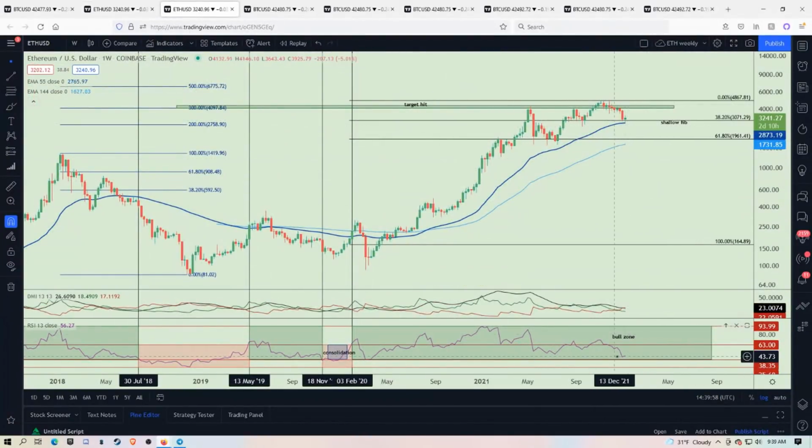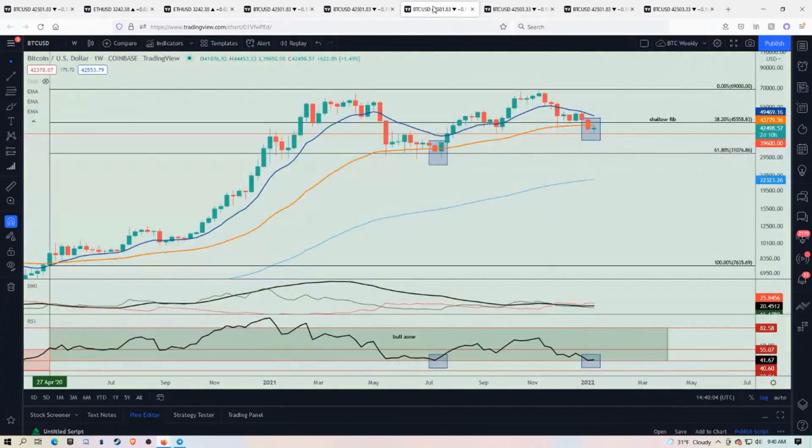When you look at the weeklies, you've got the bull zone still holding, and you're on a major support. Looking at the weekly on here, holding major support. This one's a little bit lower, and this one's being tested a lot tougher, but they're still holding. Because this shallow fib takes three settles underneath. For people that know my theory, RSI zones first.